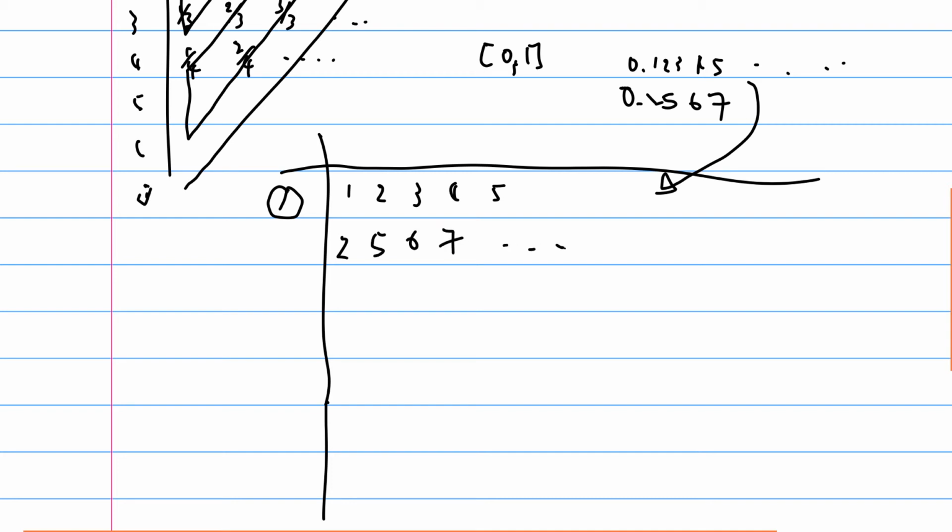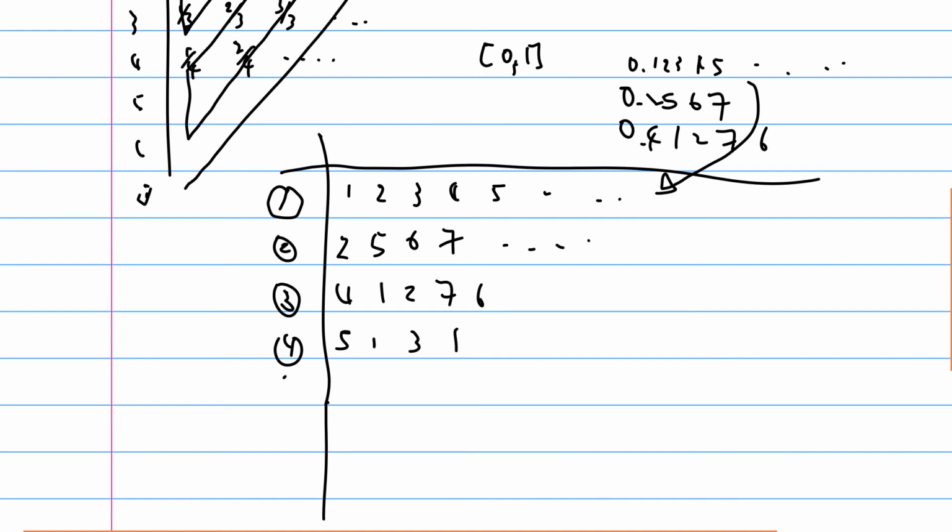The third number is maybe 0.4, 1, 2, 6, 7, 6. Then I have 4, 1, 2, 7, 6 here, and so on and so forth. Maybe I have 5, 1, 3, 1, 5, 6, and 1, 2, whatever.